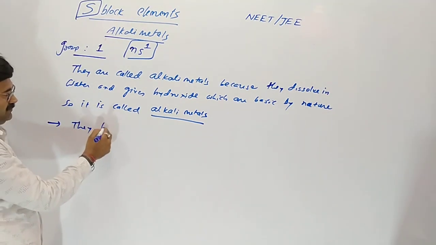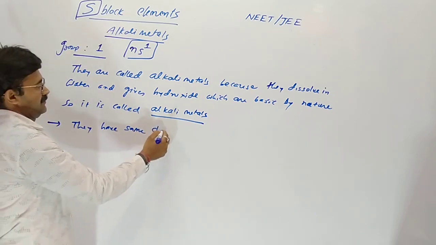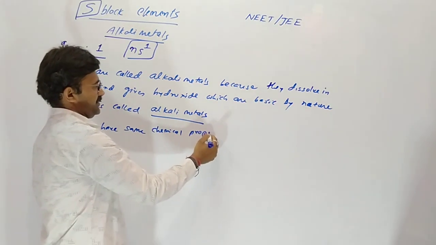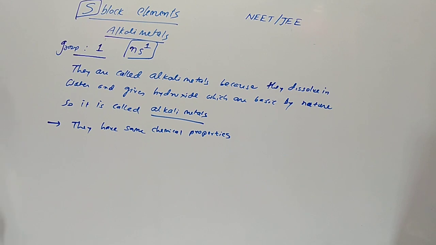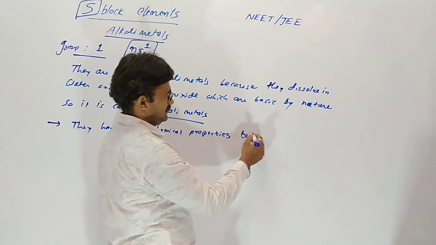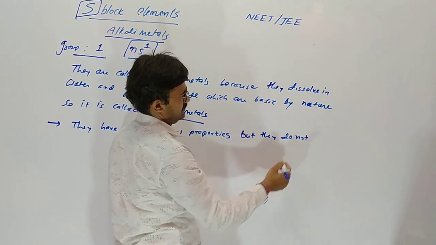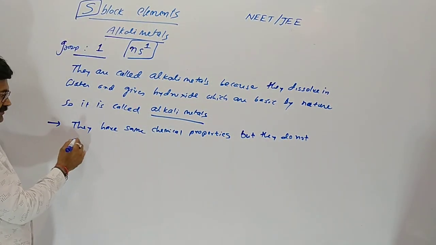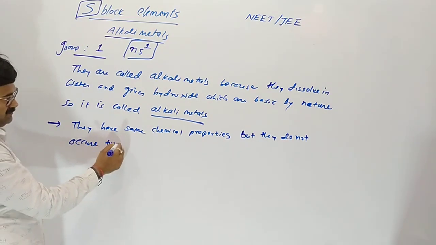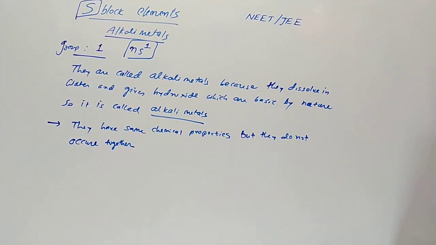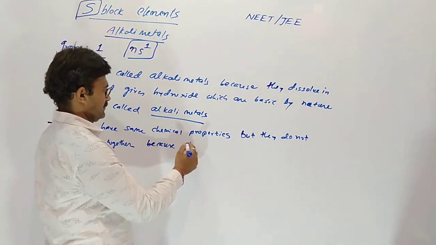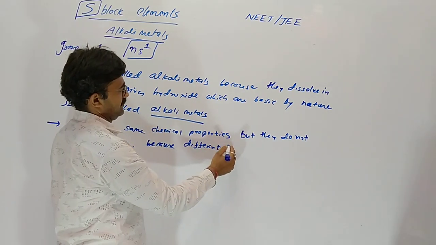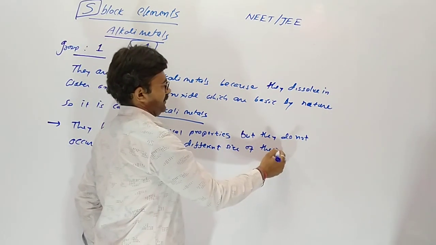They have the same chemical properties, lithium to cesium, but they do not occur together because of the different size of their atoms.